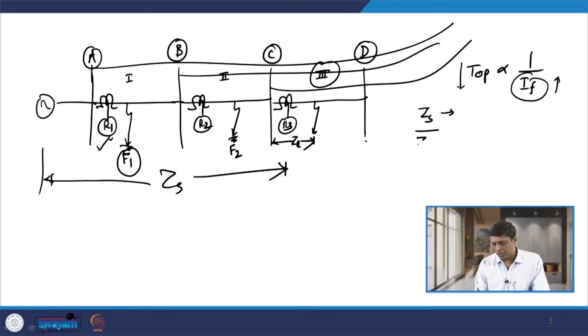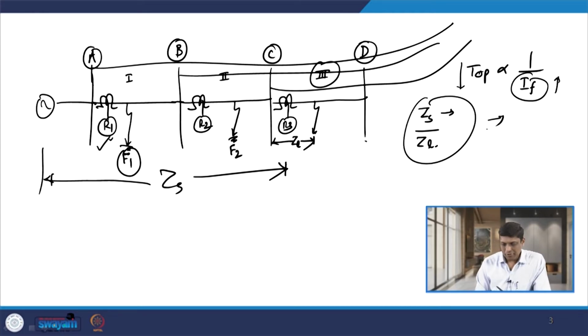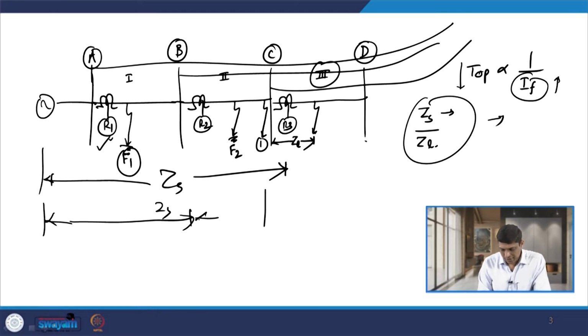If I take the ratio of ZS by ZL in this case, we will get one value. Now consider a fault somewhere here, this type of fault is known as the remote end fault for line section 2. In this case also the value of ZS is something like this, and the value of ZL is like this.